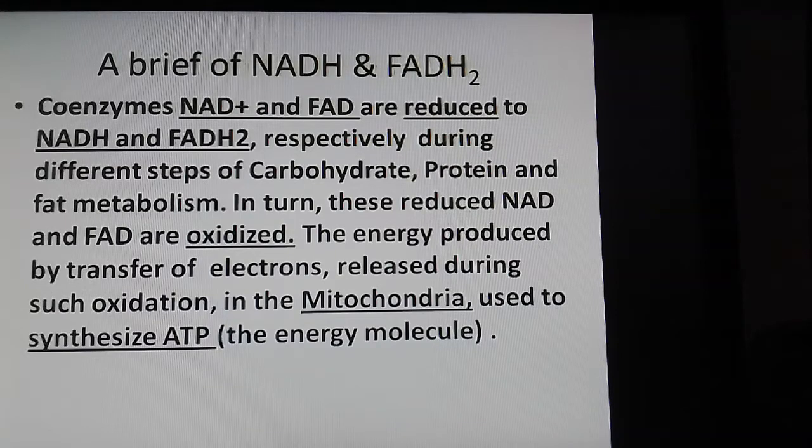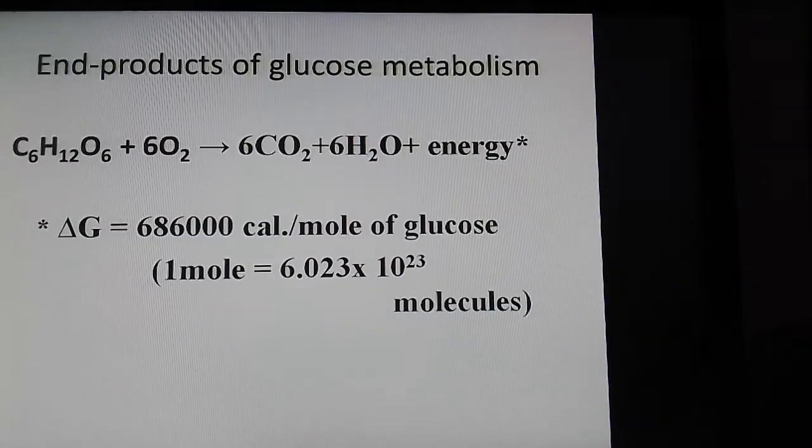The electrons will be passing through these redox reactions where the oxygen will get reduced at the end, and then the ATP synthase will be activated by the proton pumping, resulting in the synthesis of ATP inside the mitochondria.